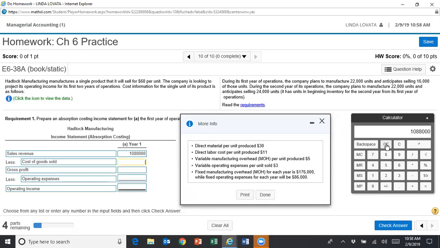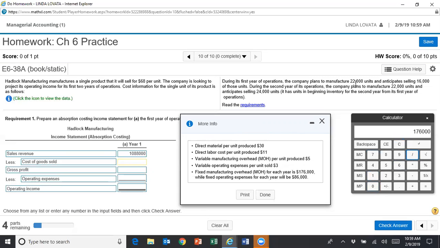Cost of goods sold. Let's clear that. So cost of goods sold, it's going to take some calculations to get here because we need the fixed manufacturing overhead rate. So we've got our 176. That's our fixed manufacturing.